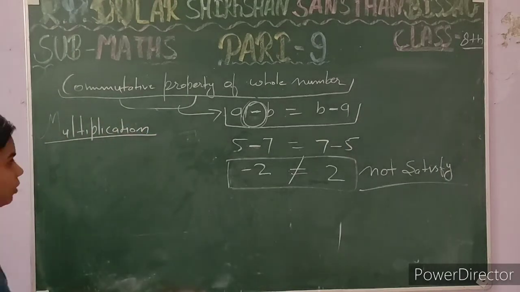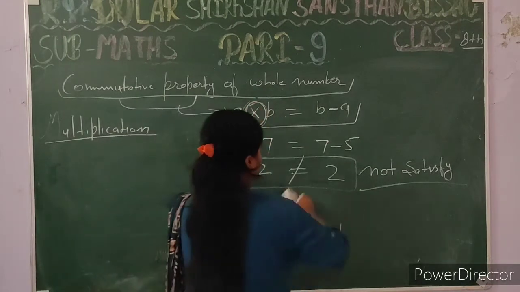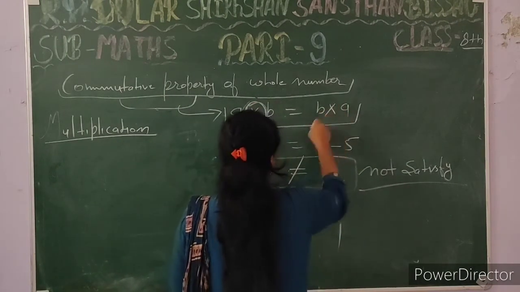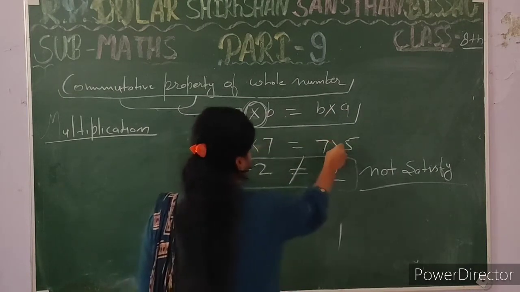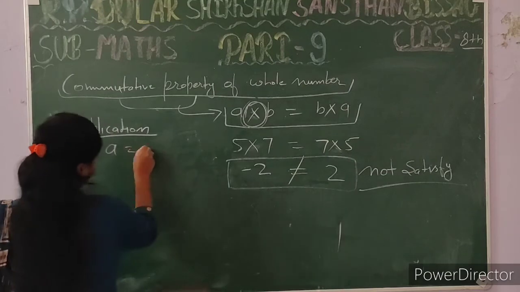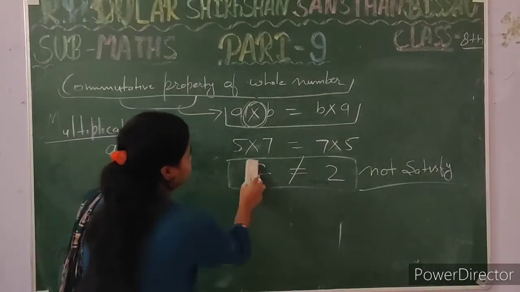Multiplication means here I write the sign of multiplication. A is equal to 5, b is equal to 7.